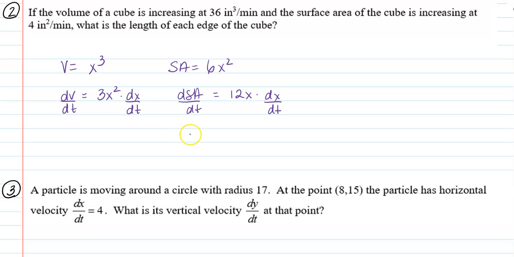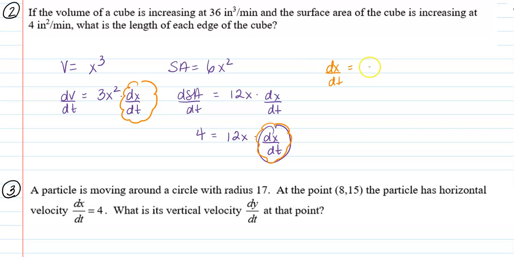So we know that the surface area is increasing at 4 inches squared per minute. And then I'm going to solve for dx dt. So the dx dt is not going to have a numeric value just yet, but I see it here, and then I see it over here, and those values have to be exactly the same. So dx dt is the same thing as 1/3 times 1 over x, or you could write it as 1 over 3x.